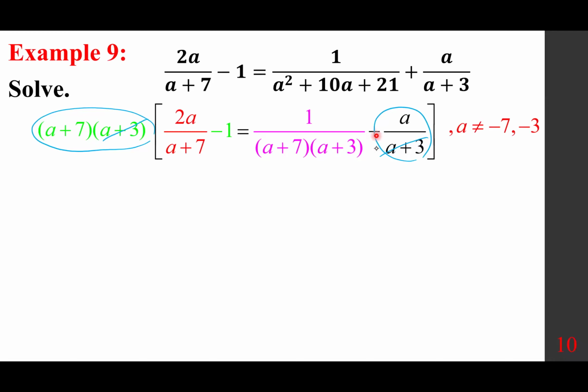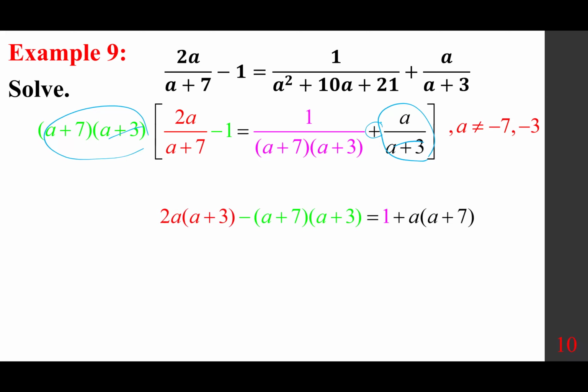Oh, this is plus. Let me erase it. This is plus, everybody. I thought it was minus because I went through that. So let's do it again. This times this, a plus 3 cancel each other. So we get a plus 7, and then this is plus a times. So this is what.